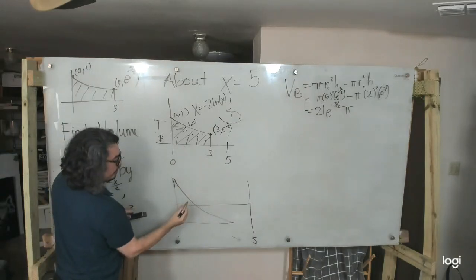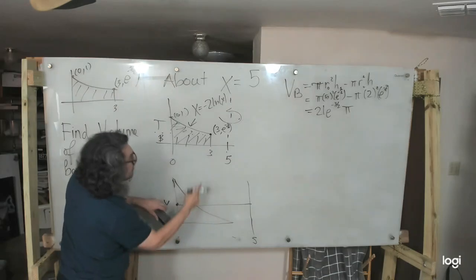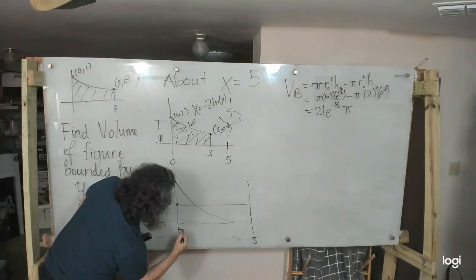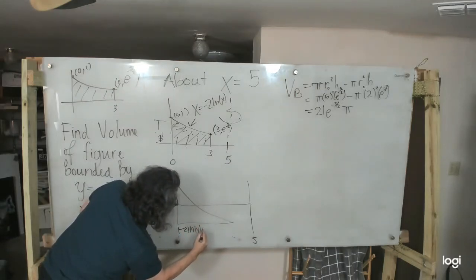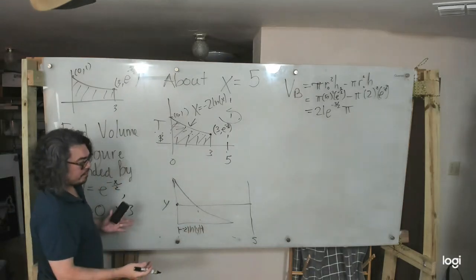This curve, for any value of y that we have here, this distance is going to be negative 2 ln of x, right? I'm sorry, negative 2 ln of y. So in other words, that distance is that for a particular value of y.